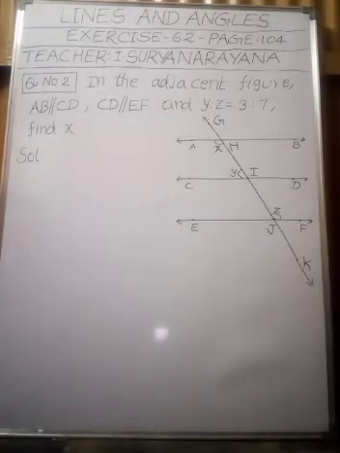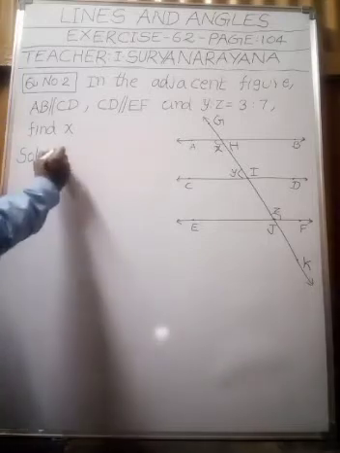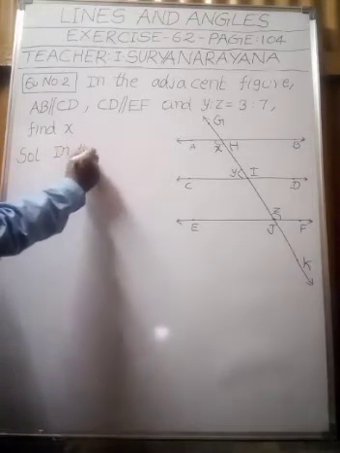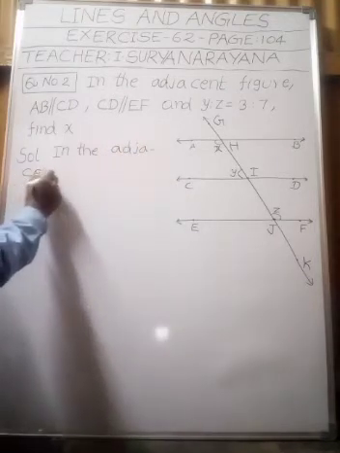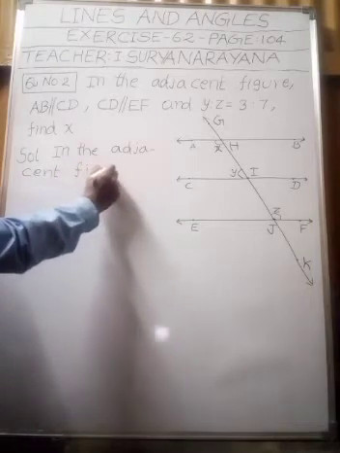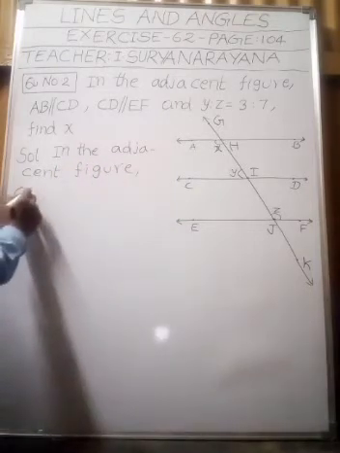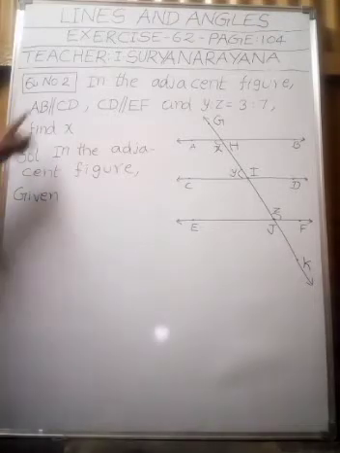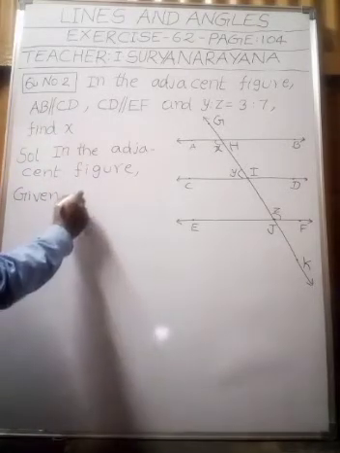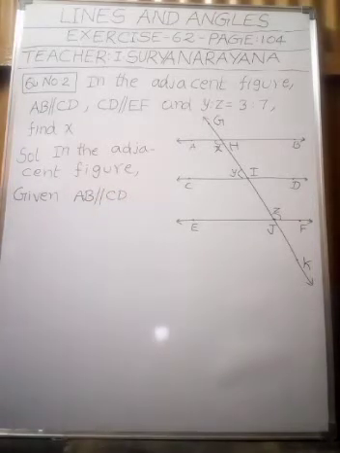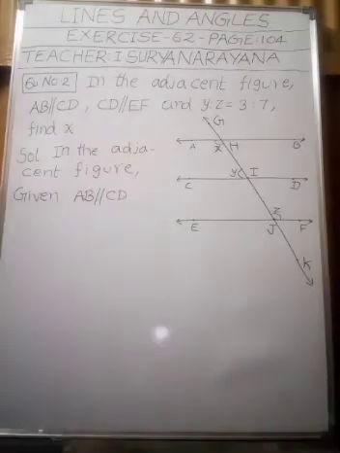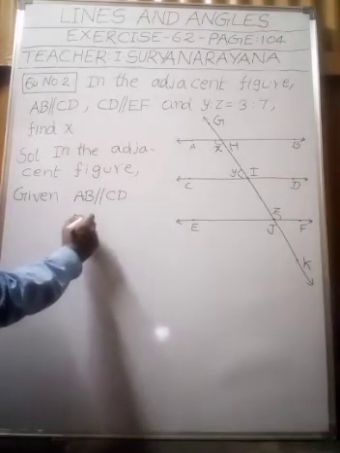Okay, my children. Now come to the solution part. First, let us write the given data. What is given here in the adjacent figure? Given AB is parallel to CD, and CD is parallel to EF.